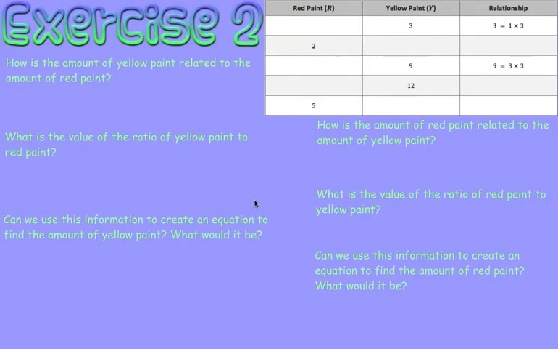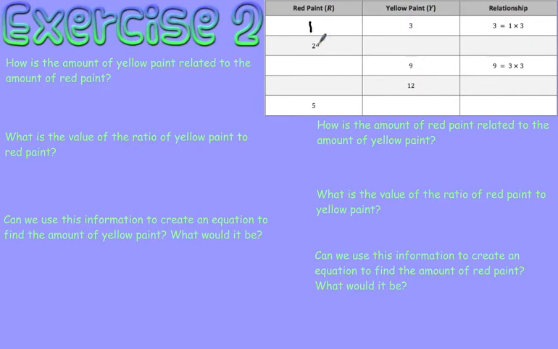All right, so moving along, let's look at exercise 2. In exercise 2, we are looking at George's mixture again. And I know, like we said, that for every 1 gallon of red paint that he uses, he uses 3 gallons of yellow paint. I know that to go from 1 to 3, I took 1 and I multiplied by 3.